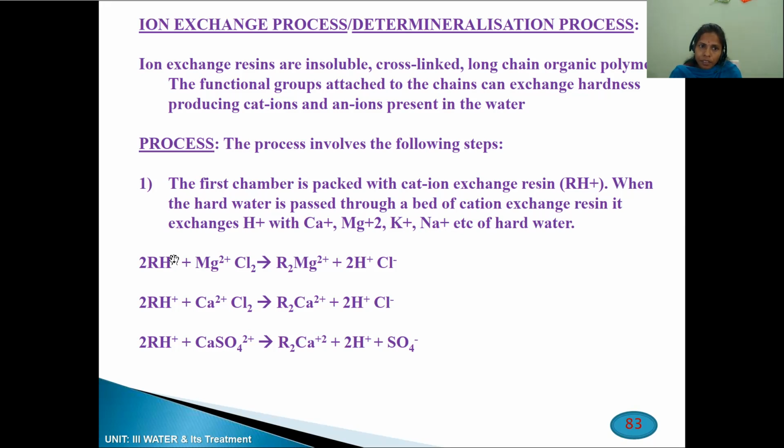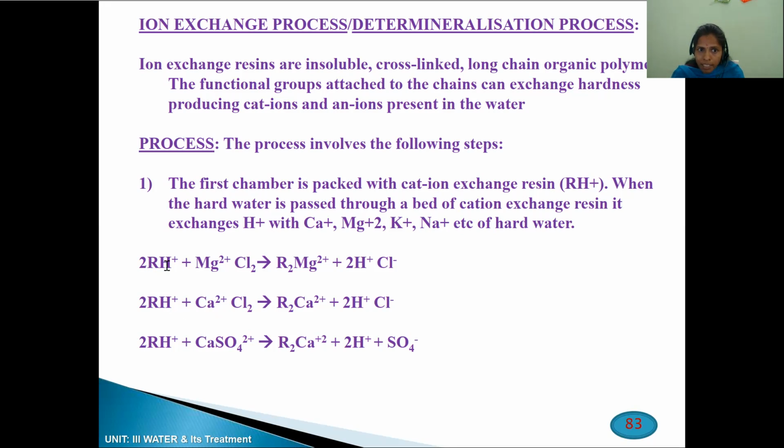So what is RH+? Cation exchange resin. But what are we passing through the cation exchange resin? Water. What does the water have? Ca2+ and Mg2+. So these H+ ions are replaced by the Ca2+ and Mg2+. That means in the place of H+, we are getting Mg2+ and Ca2+.